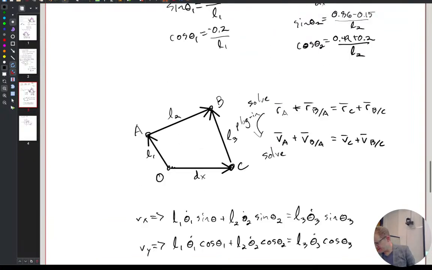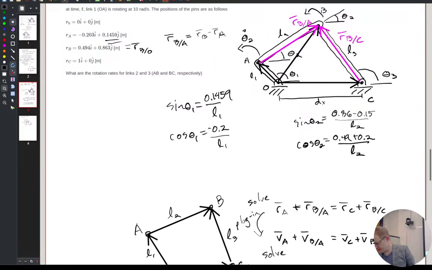And then did we get to the point where we were solving? Did we get to any real numbers? No, I think the first thing was L1. L1? And then, no, I have the ratios for the sines and cosines. Sines and cosines. So I have written here sine theta 2, cosine theta 2. Do you know what sine theta 3, cosine theta 3 are?